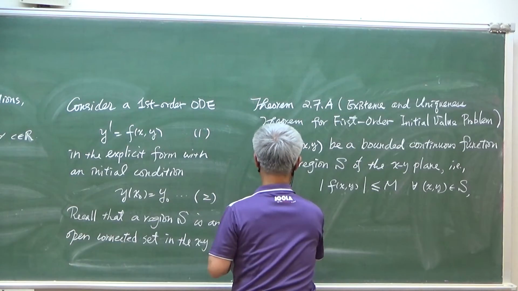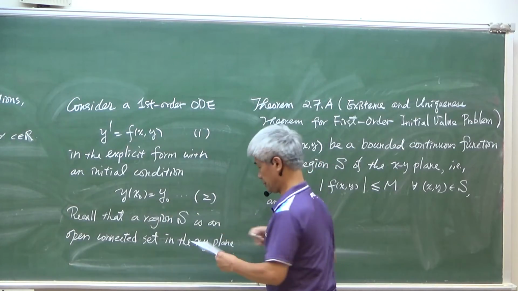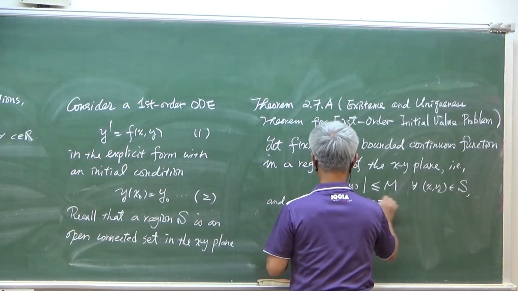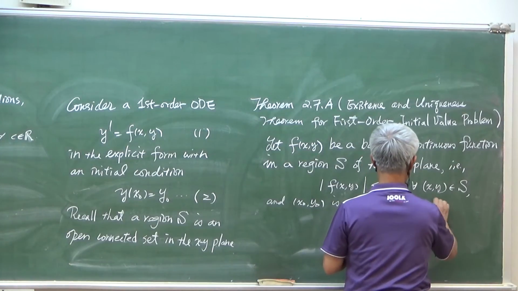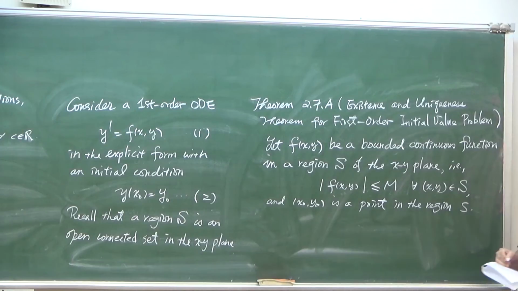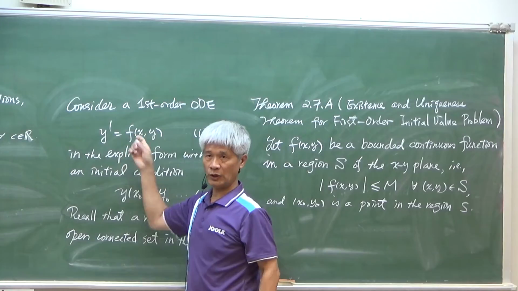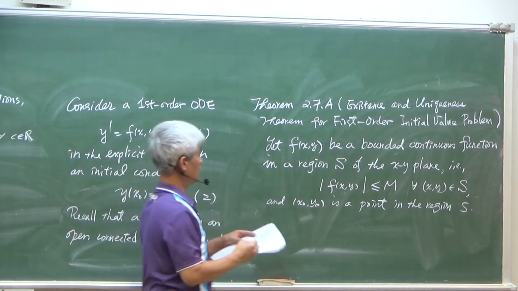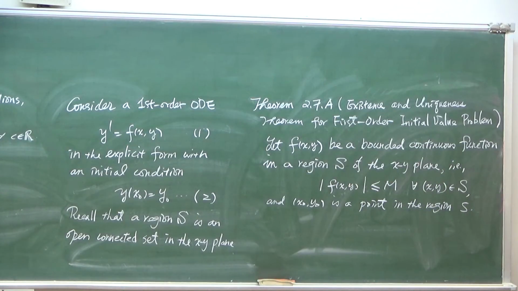And (x0, y0) is a point in the region. So first of all, we describe this function f(x, y). It is continuous and bounded in a region in the xy plane.